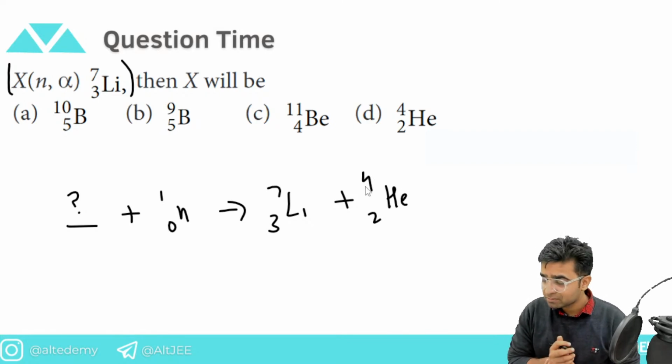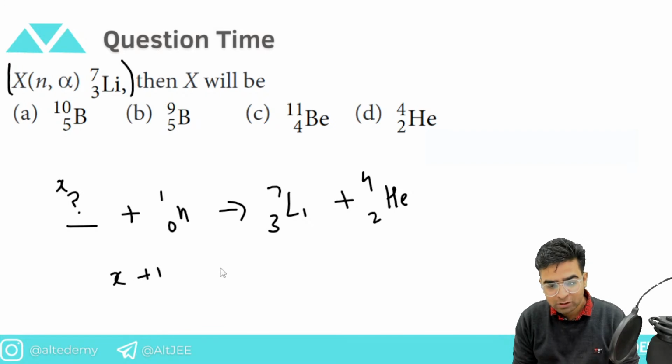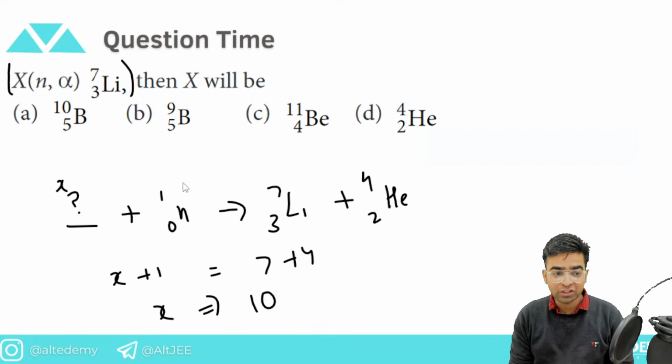Now can you do it? Yes, option A. Let's say here, for the atomic number, x plus 1 is equal to 7 plus 4. So x will be 10. Where is 10?